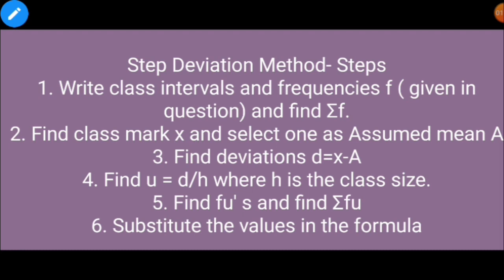Find fu for all classes, and at last find summation fi ui and substitute these values in the formula. X bar equal to a plus summation fi ui by summation fi into h. These are the steps of the step deviation method.